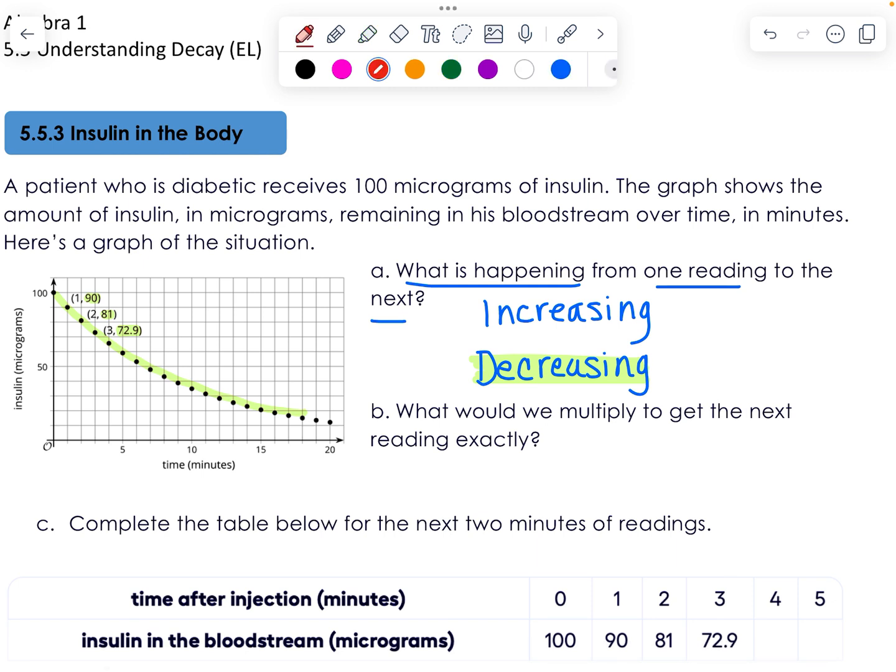The next question is asking, what would you multiply to get the next reading? So they want to know what's the growth factor. So 90 times what equals our next number, 81. To solve this, you just divide by 90 on each side.